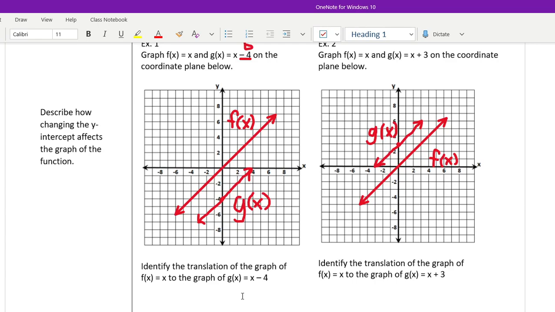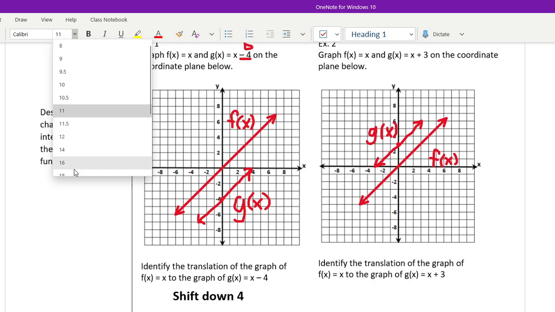In this case, when we have g of x equals x minus 4 from the parent function, we are shifting down 4. And in our second example, going from our parent function to the g of x, we are shifting up 3.